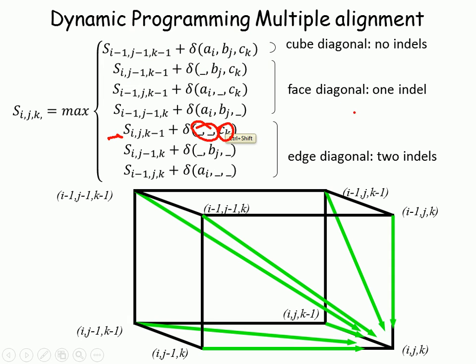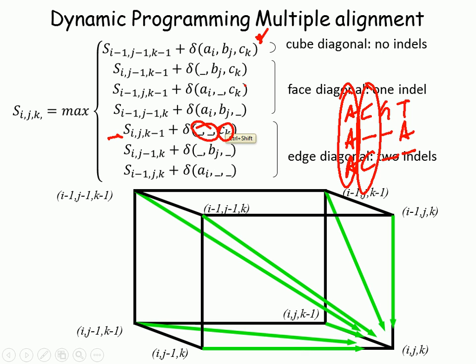So if your alignment is, let's say, A, C, G, T, A, gap, gap, A, A, C, gap, gap. So this column corresponds to this one, right? So all three are aligned. This column corresponds to this one.